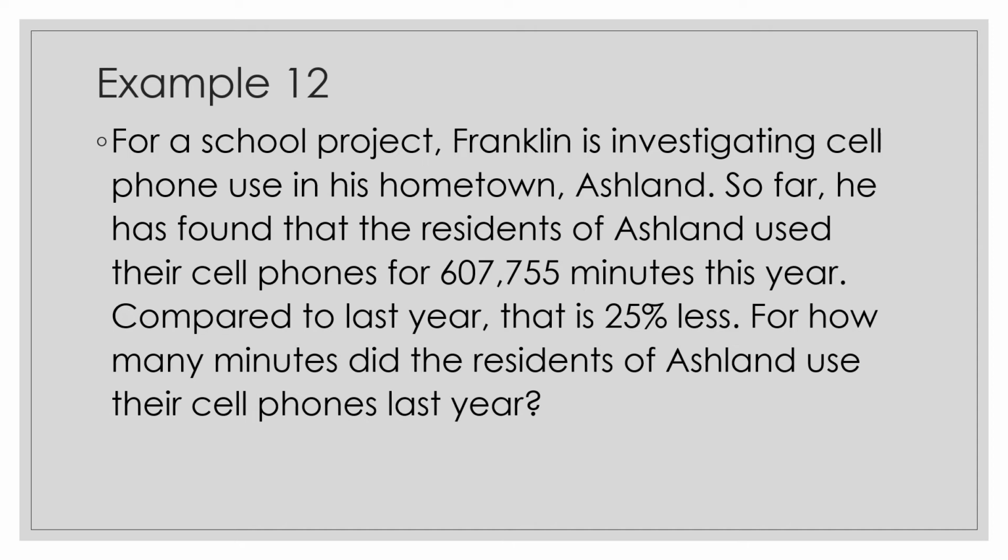Okay, so if they used 25% less, then that meant they used 75% of the original amount, which we're going to call x. And when they used only 75% of that amount, they used this year's amount of minutes of 607,755. So to solve for x, we'll divide by 0.75 on both sides of our equation.